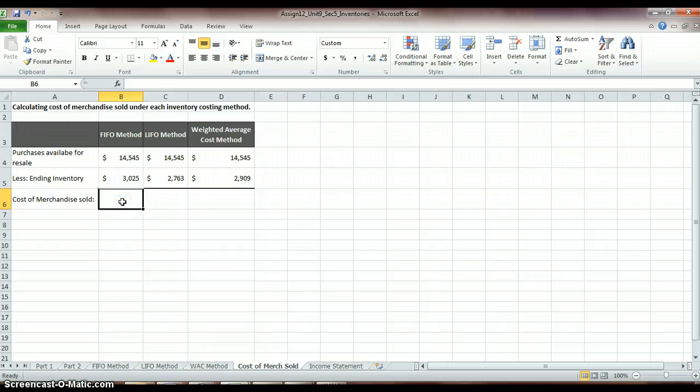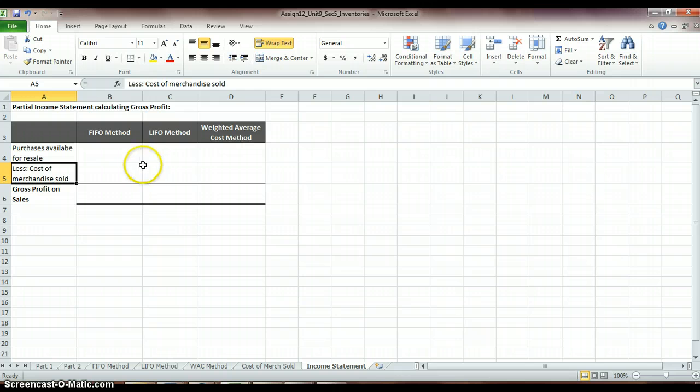All right, we just do a simple equation here. We want to subtract our ending inventory from our beginning, and then that gives us the cost of merchandise that was sold. So the merchandise that we sold cost us $11,520 for all of those units that we sold. Copy that equation to the rest of these cells to get those totals.